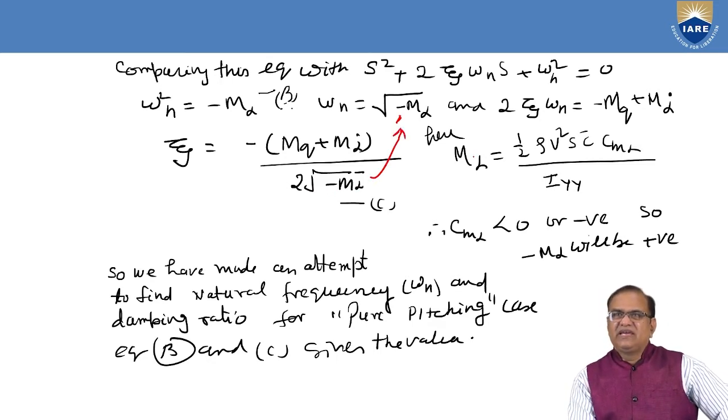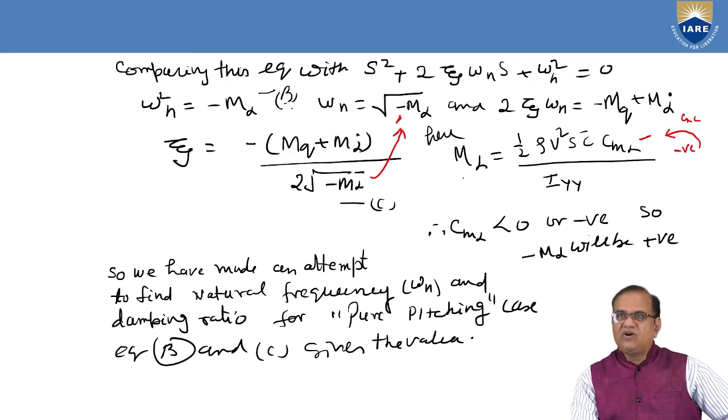Here, if you see, what is the m alpha? It appears that under root minus m alpha will give imaginary values, but it is not so, because m alpha itself is negative. So it is half rho V square S c times Cm alpha by Iyy. For the static stability case, this Cm alpha should be negative.